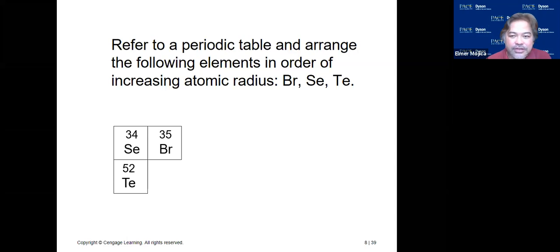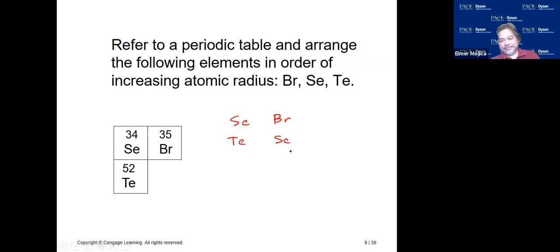So maybe the way that you're going to do is a dual comparison first. Okay, so maybe Se versus bromine, and then Te versus Se. So between Se and bromine, which one is smaller? Bromine.